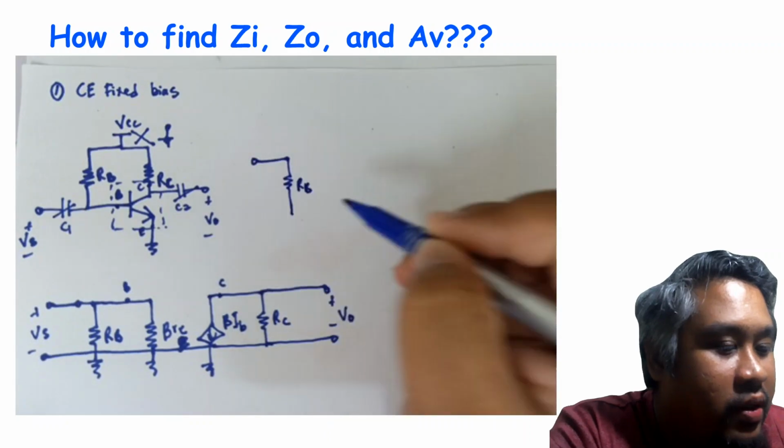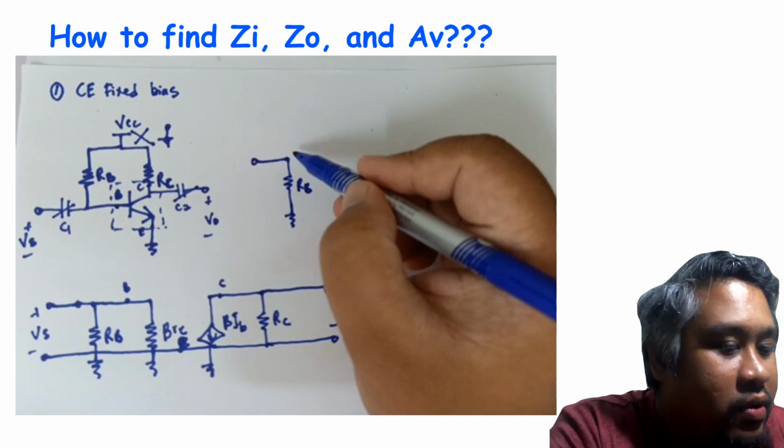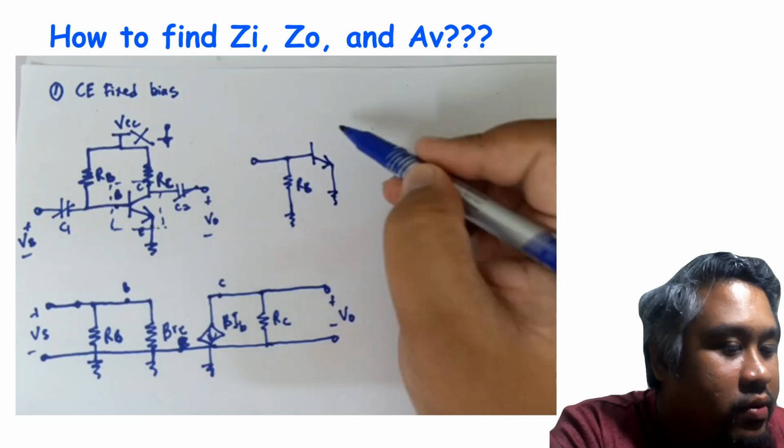Okay, ground, and then we have here ground, and then we have what?